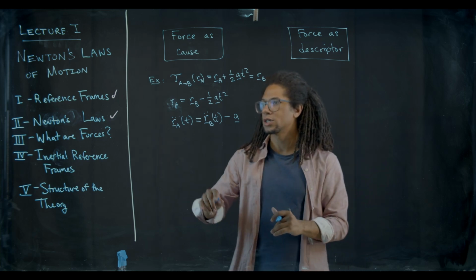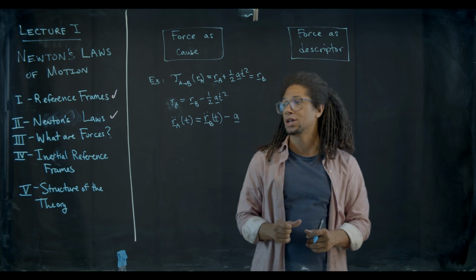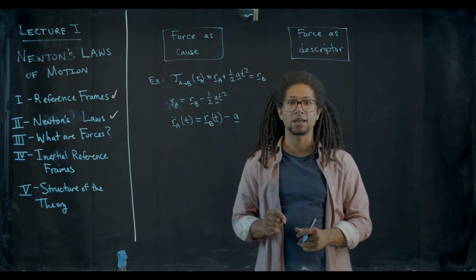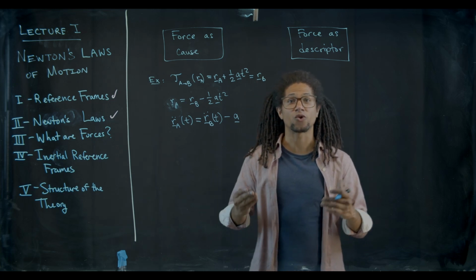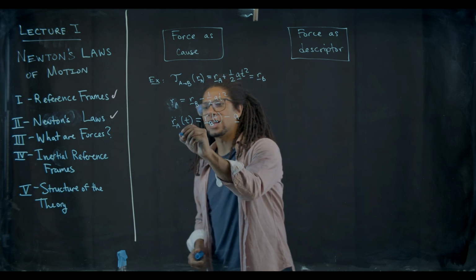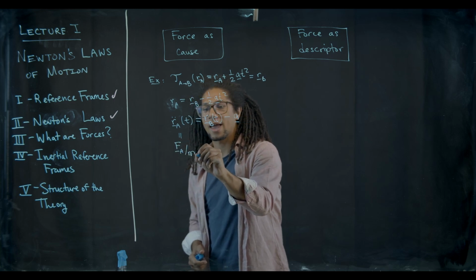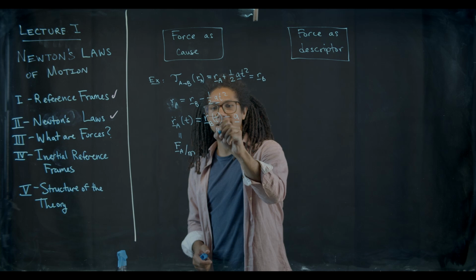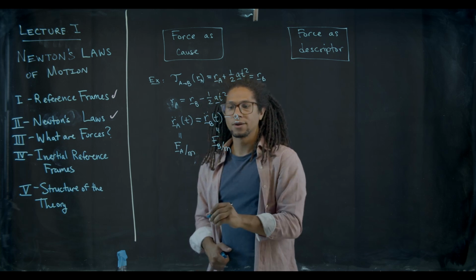So in other words, if this object has acceleration R_A double dot in reference frame A, it has a different acceleration in reference frame B. But we know that this is equal to the force in reference frame A over m, and this is equal to the force in reference frame B over m.